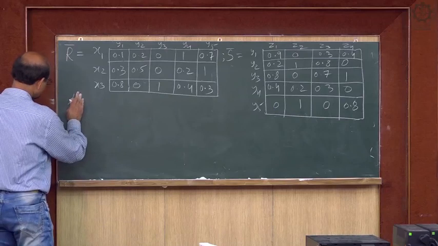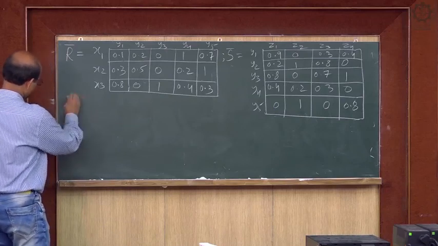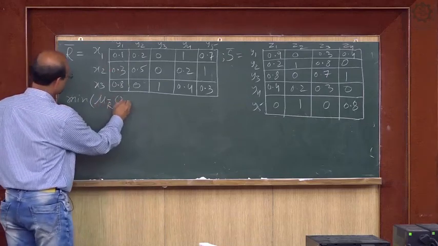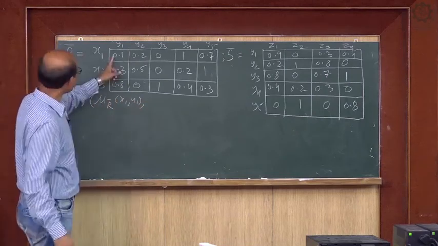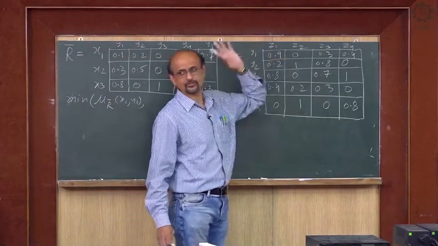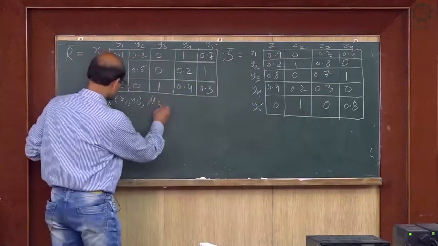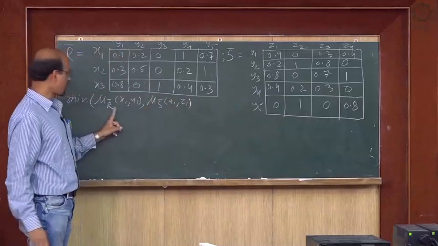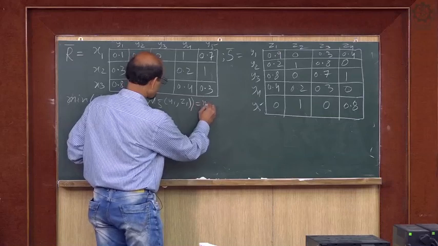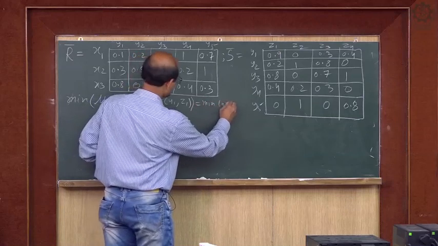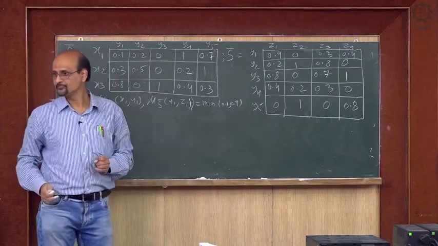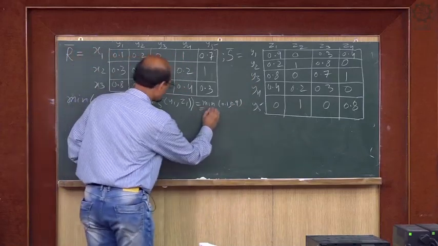I have to take the minimum of mu R bar x1 y1 and mu S bar y1 z1. So, what is that? Minimum of 0.1 and 0.9, that is your 0.1.